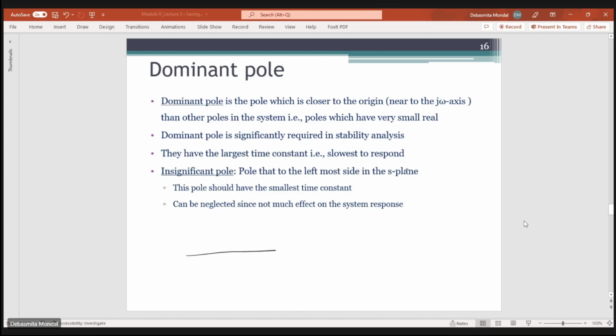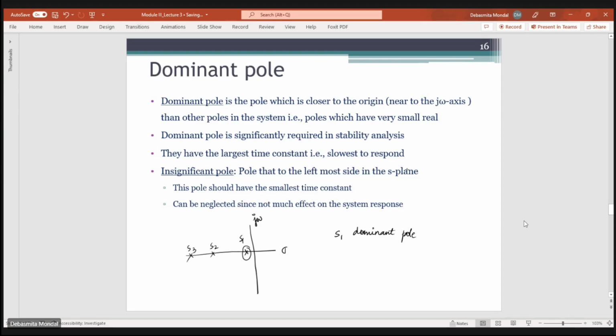So if this is your j omega axis and this is your sigma axis, and you have a pole over here, a pole over here, and another pole over here, so let's say that in this system you have 3 poles. The pole which is lying closest to the origin, or closest to the j omega axis, let's say these are S1, S2, S3, so this pole S1, which is closest to the imaginary axis, is known as the dominant pole.